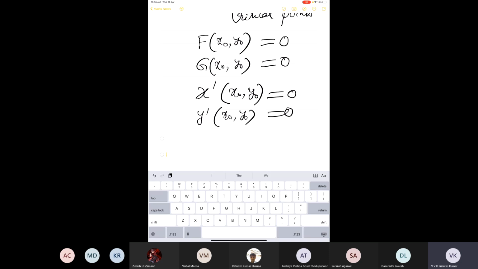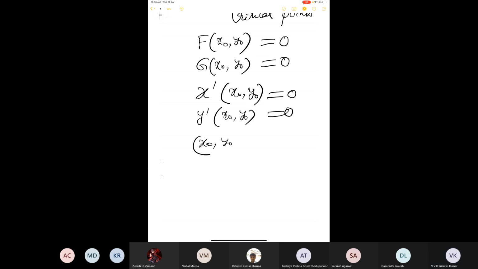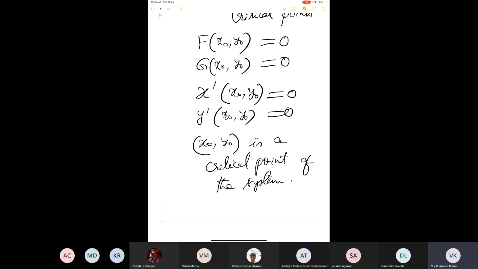This implies (x0, y0) is a critical point of the system. Critical point of what?